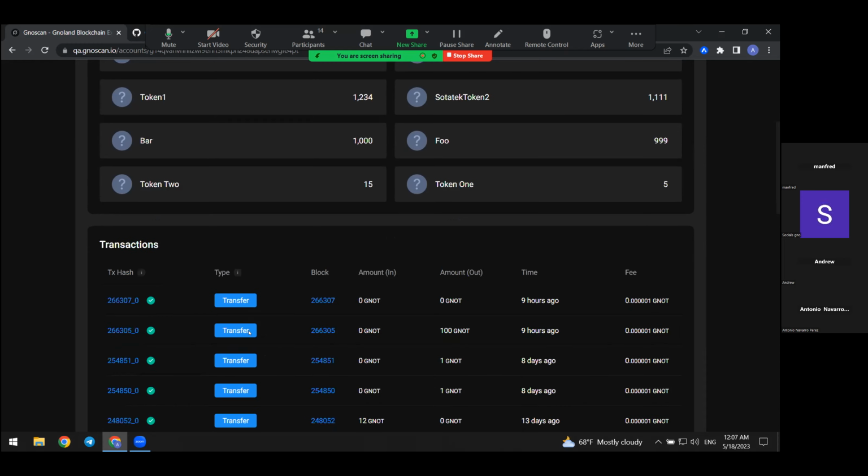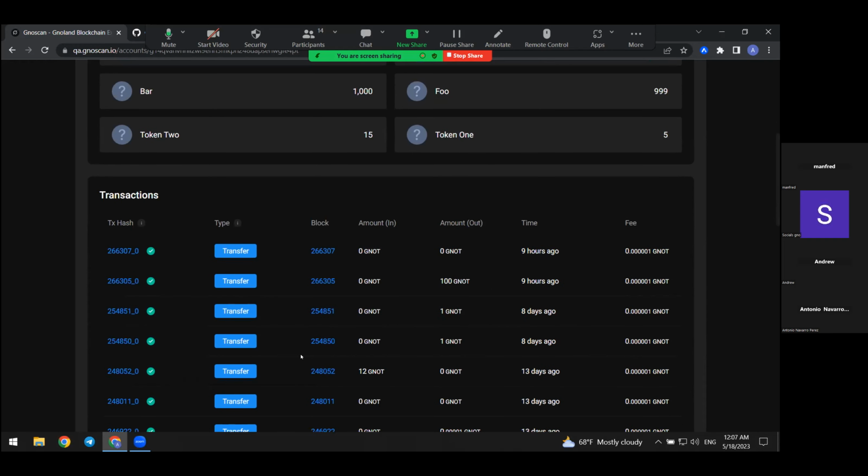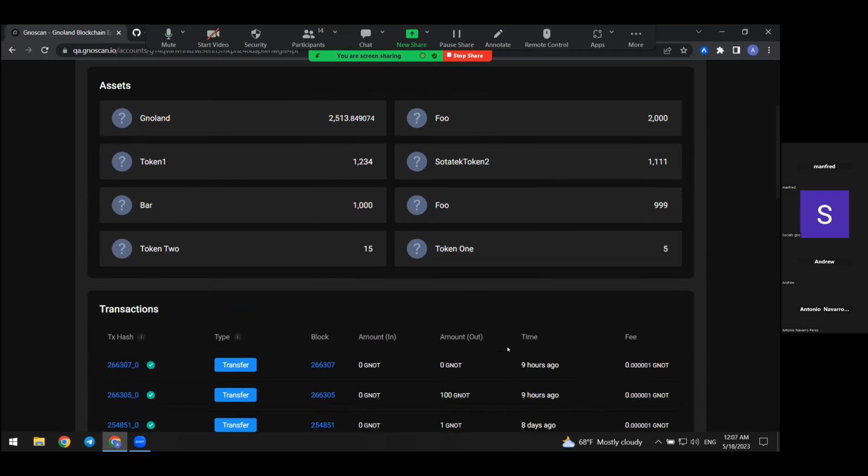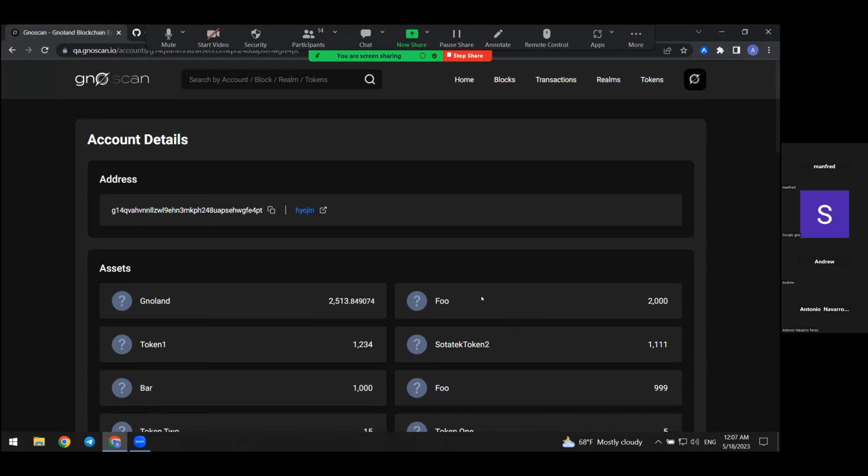We want to make this seamless for users, because a transfer is a transfer from the user's end. So we're thinking of ways to make this more intuitive, and hopefully we can ship this to the production server soon, so everyone can see their GRC20 token balances on here as well. And that's all from GNOScan.